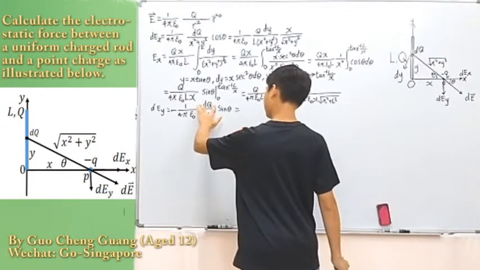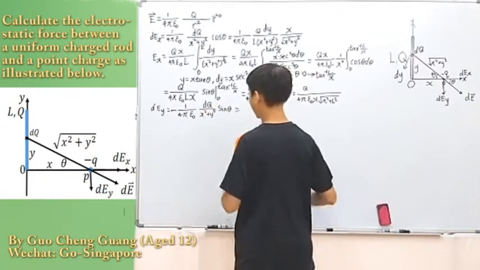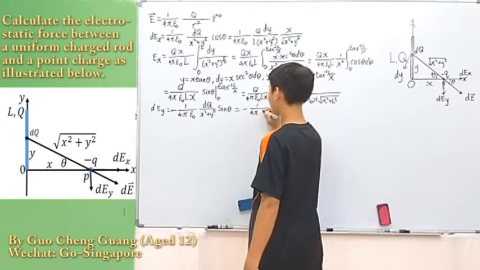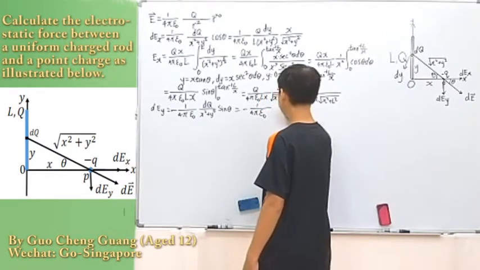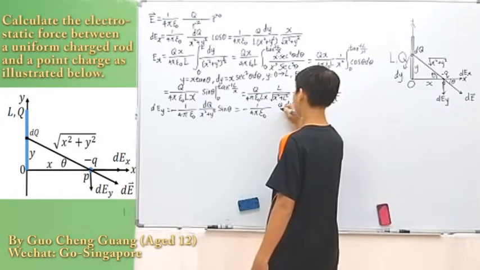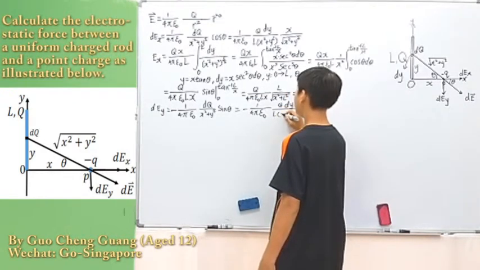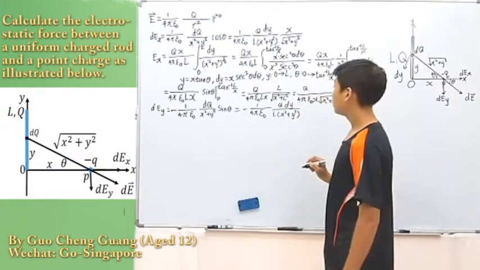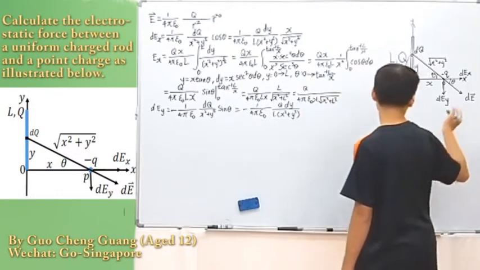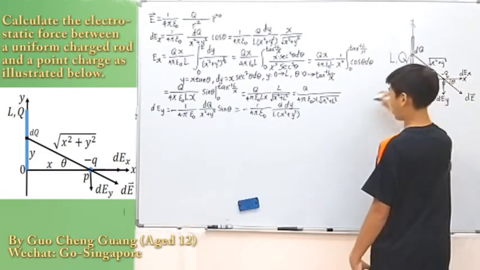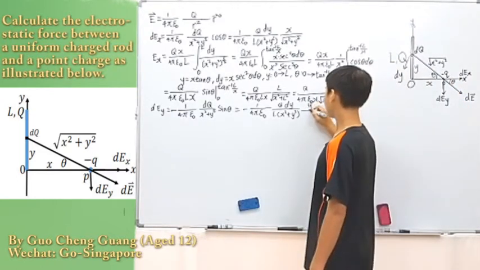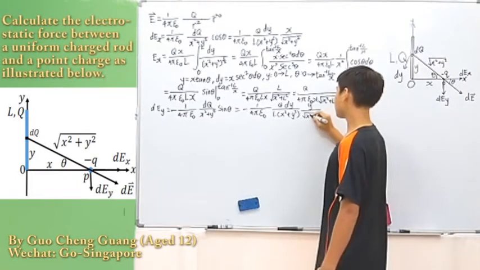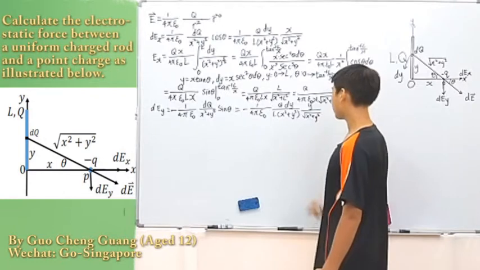First of all, dq is the same kind of change: Q dy over L, over x squared plus y squared. Afterwards, sine for this part is the opposite y over the hypotenuse, the square root of x squared plus y squared.